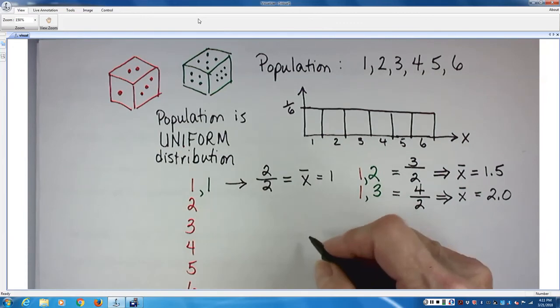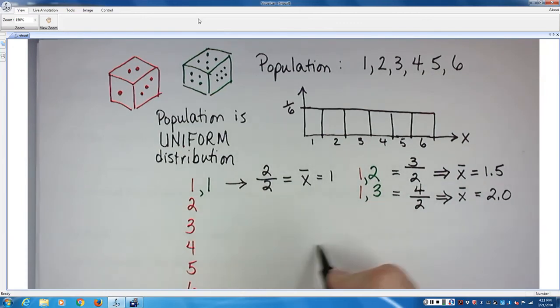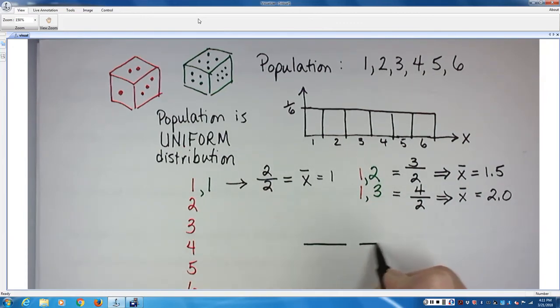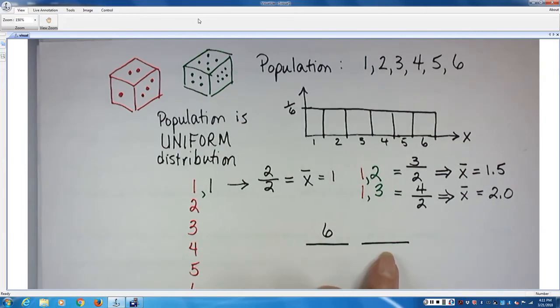Given that we're talking about rolling a die twice, how many potential outcomes are there on the first roll? There are 6. When I roll the second time, how many potential outcomes are there? There's still 6, because the die doesn't remember. You don't get to hold back.